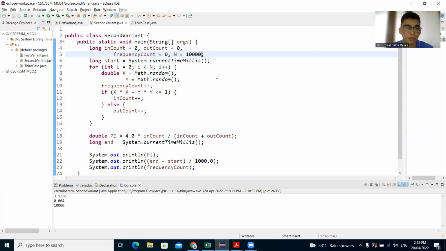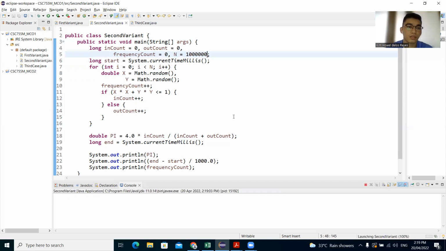which is 3.14159. So here we have 3.1356. If we try to run again, it's 3.148. Okay, 3.1556. And then let's say we have a million points. Okay, so given a million points, that's 3.139.